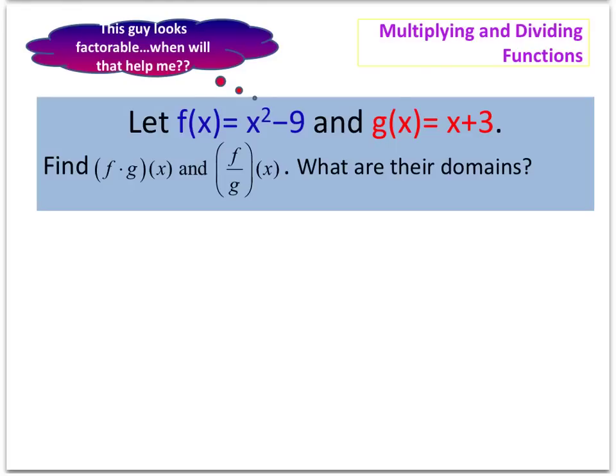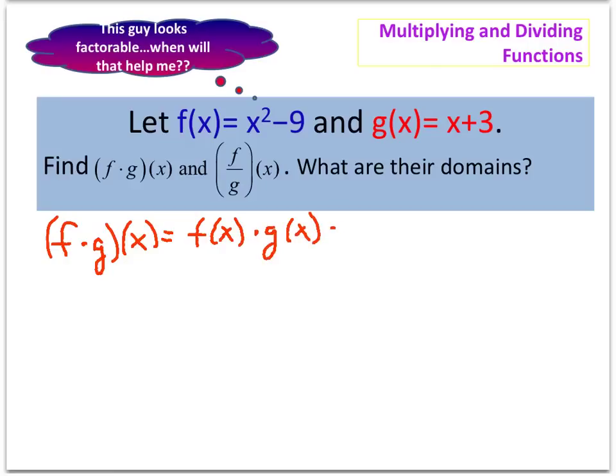Now we're going to be looking at multiplying and dividing functions. So first, let's do some multiplication. So f times g of x is the same as just saying f of x times g of x. Now our parentheses are going to be important here also. So I'm going to have (x squared minus 9) times (x plus 3).